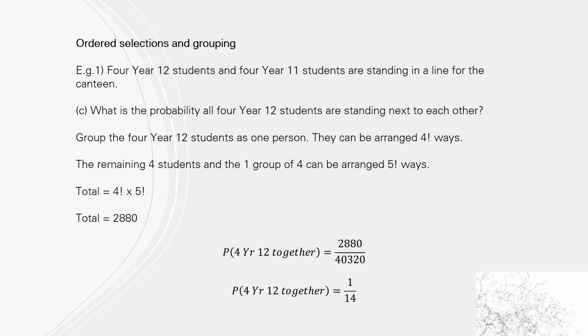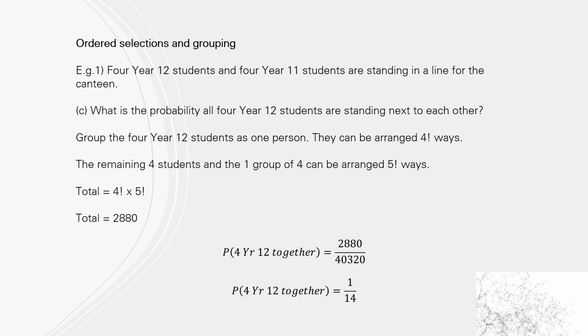So what's the probability of all 4 Year 12s standing next to each other? Let's group the Year 12s and make them like one person, but those 4 Year 12s can be arranged in 4 factorial ways. The remaining 4 Year 11s plus that one group make 5 students, if you look at it that way, and they can be arranged in 5 factorial ways.